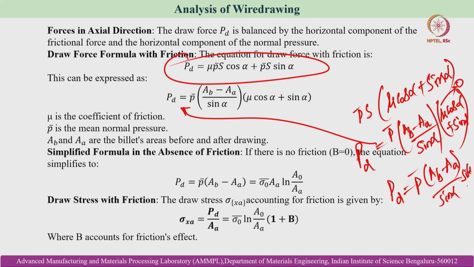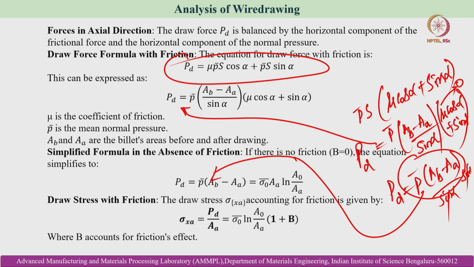So, sin alpha gets cancelled and the resultant expression becomes this, which is written over here. PD is equal to p bar, the mean normal pressure, into AB minus AA, which is again equal to sigma 0 bar A a ln A 0 by A a.